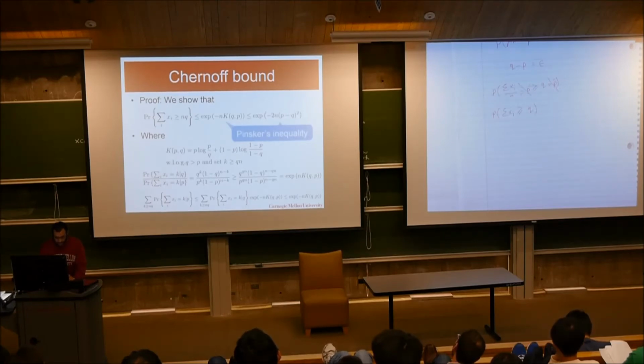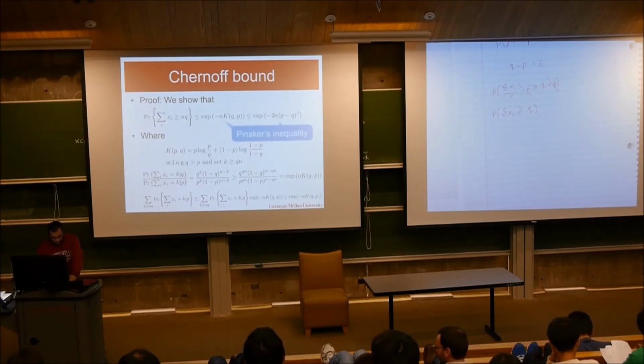And this intermediate term is the KL divergence between the Bernoulli distributions parameterized by P and Q. The KL divergence is a measure of how far apart two distributions are. And for Bernoulli distributions, the formula is simple. Okay?